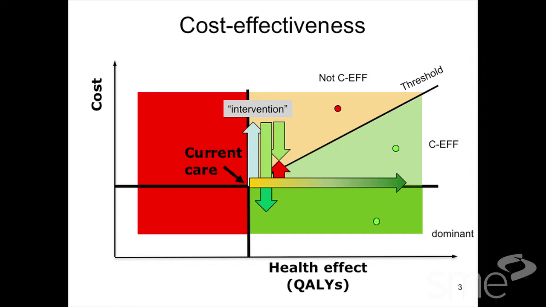If you have an example of one innovation that is costing quite a lot and is bringing a health effect, but it's quite limited, we will obviously all think, no, that's not going to be cost effective. The other way around, if we have an innovation that is bringing some health and also reducing costs, we're going to be thinking, of course, this is cost effective.